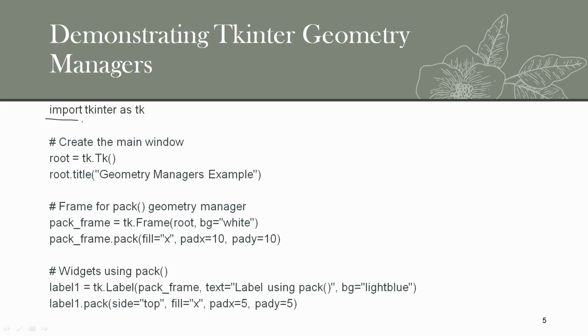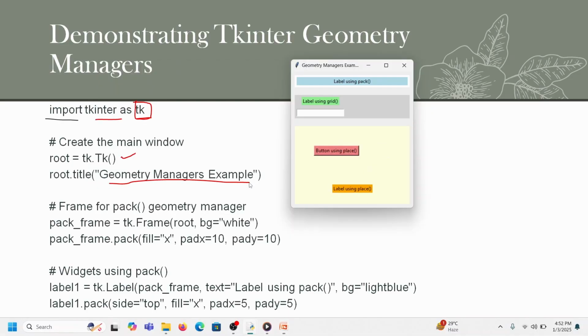So first you have to import tkinter as tk. In this entire program we are using tkinter in the short form tk. First create a main window, root equals tk.Tk(). The title is geometric manager example. Let's see in the output. See, this is the main window, geometric manager example.